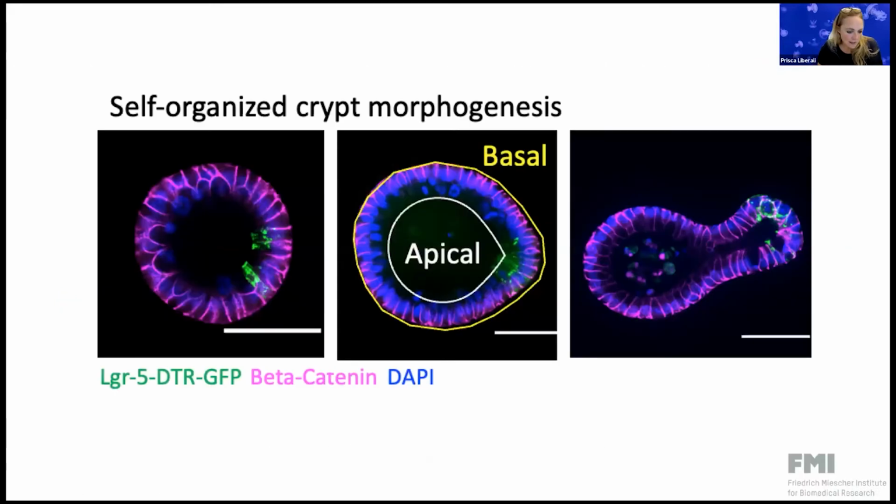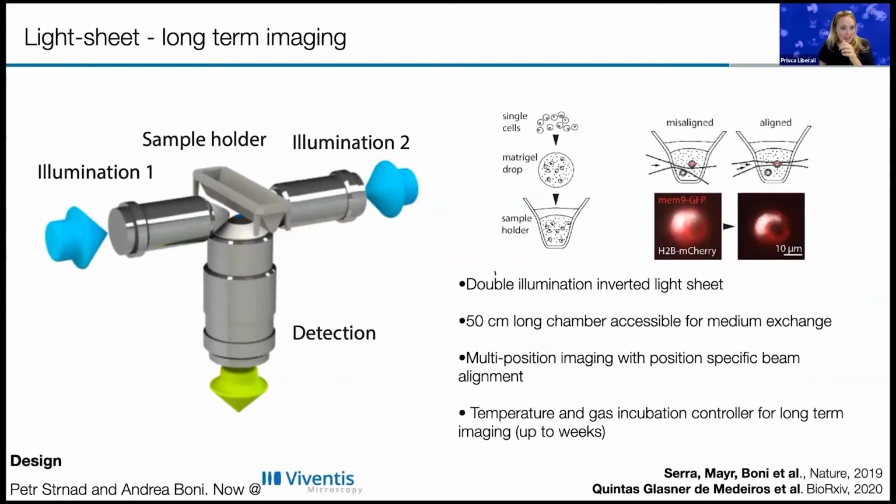This is how it looks. You have in green the stem cells and beta-catenin in magenta, and you start seeing this first event on the left where you have the first crypt and the niche, then you have the bulging and the budding on the right. Again, you already saw one of these videos, and what we use for this is light sheet organoid imaging, and it's very similar to the microscope Jean-Léon used for his imaging.